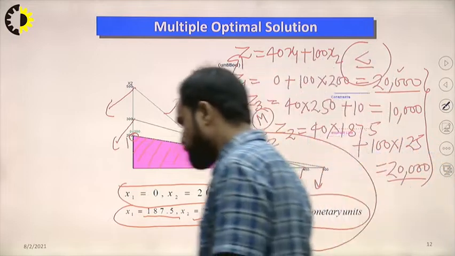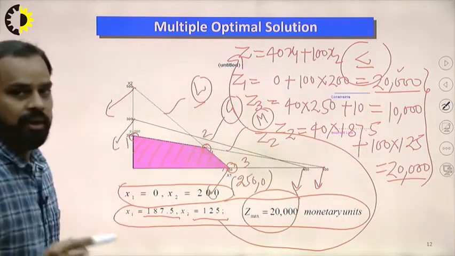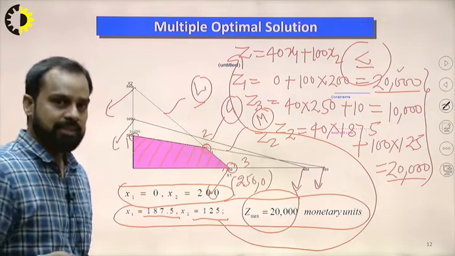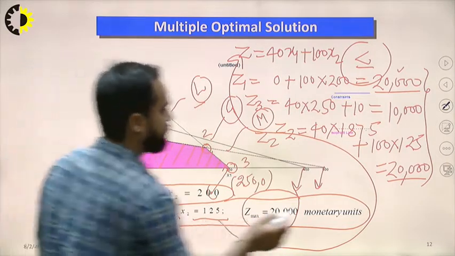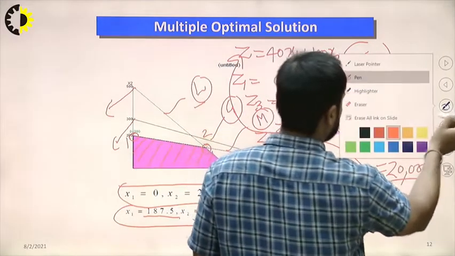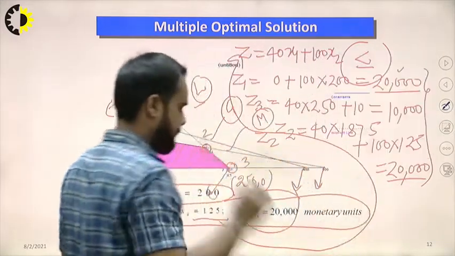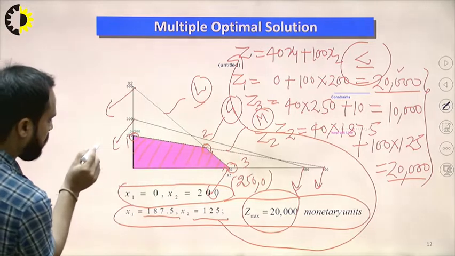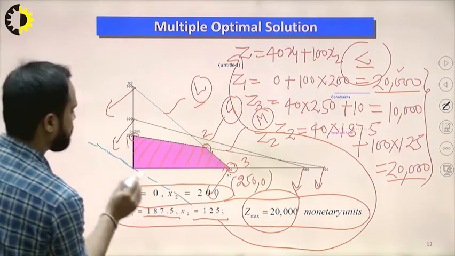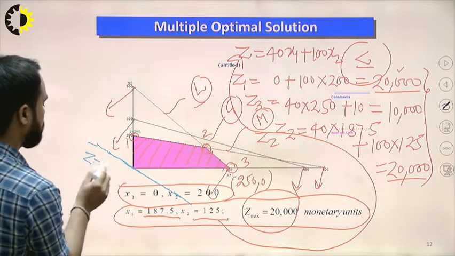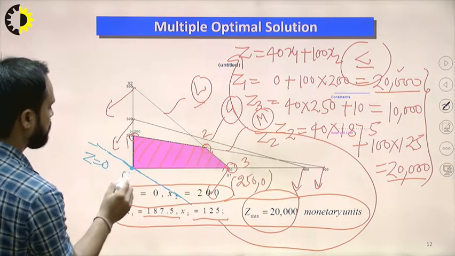Or how we can define an active constraint. Now we can see I plot the slope of the objective function line. Here the objective function is z equal to 0 because it is passing through the origin.